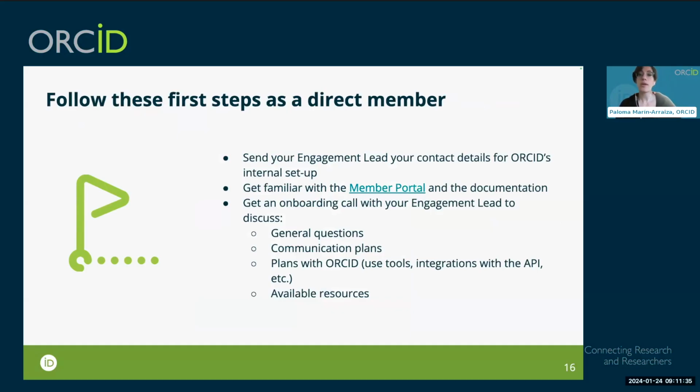In the same way, you should get familiar with the member portal and the documentation and get an onboarding call with your engagement lead to discuss general questions, communication plans, precise plans with ORCID, and the resources that are going to be available for you, depending on your integration plans and communication plans.